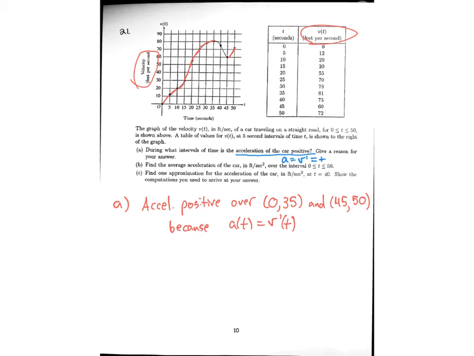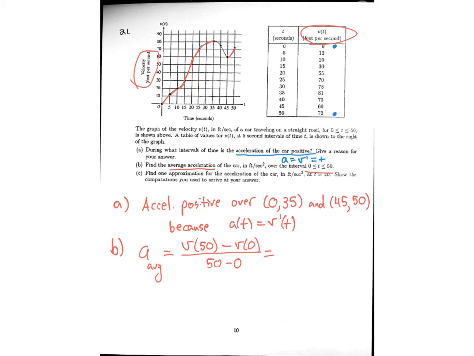All right. In part B, we're asked to find the average acceleration of the car over the interval 0 to 50. So the average acceleration is found by looking at the change in velocity over that time interval. So we're going to do velocity at 50 seconds minus the velocity at 0 seconds over 50 minus 0. What's nice about this particular example is that you don't need to plug in any numbers into an equation, because we've got a table up here that tells us certain velocities at certain points in time.